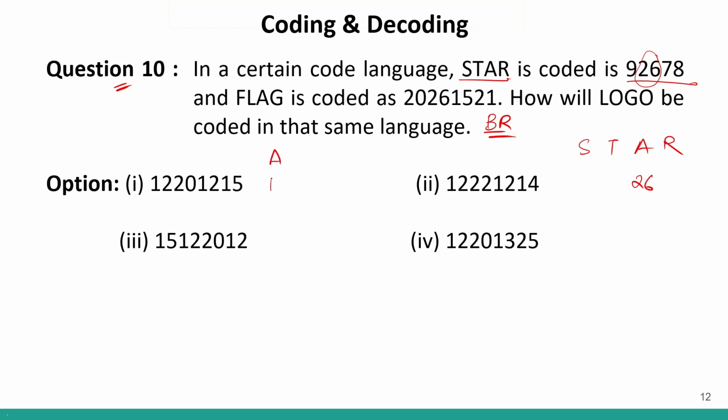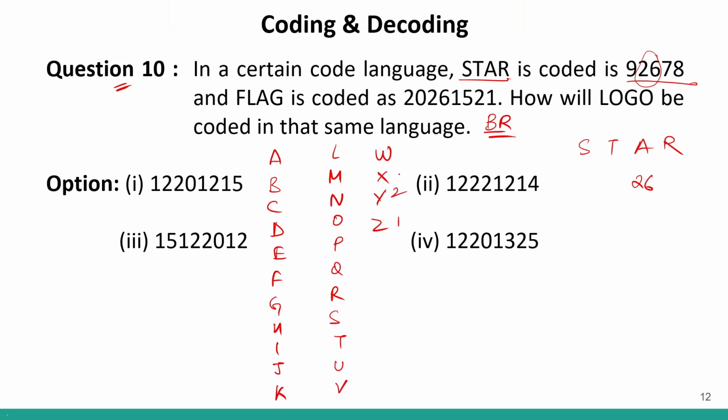Let me write the backward ranks. A, B, C, D, E, F, G, H, I, J, K, L, M, N, O, P, Q, R, S, T, U, V, W, X, Y, Z. Backward ranks will be 1, 2, 3, 4, 5, 6, 7, 8, 9, 10, 11, 12, 13, 14, 15 and 16, 17, 18, 19, 20, 21, 22, 23, 24, 25 and 26.